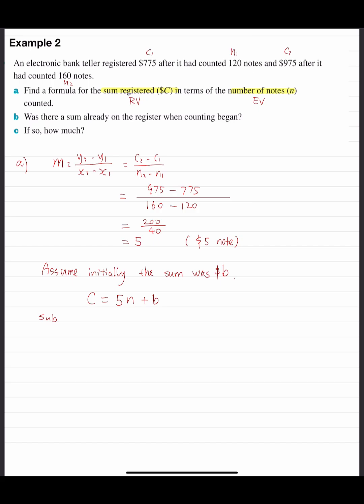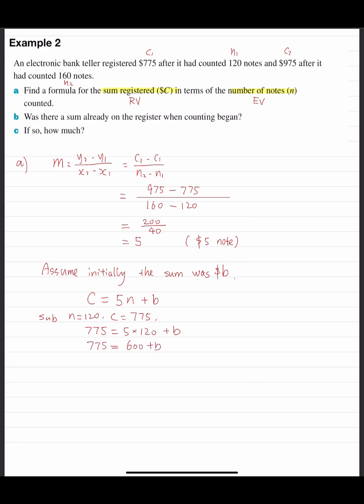You have 2 points to substitute. You can either substitute N2, C2 or N1, C1. Here I'm going to substitute the smaller number. So we substitute N equals 120, C equals 775. Now you have 775 equals 5 times 120 plus B. 5 times 120 equals 600.